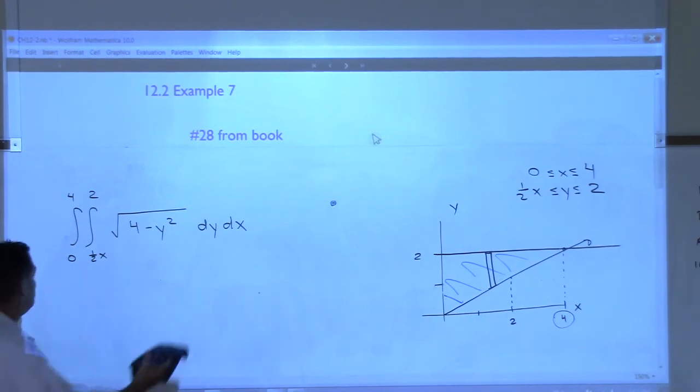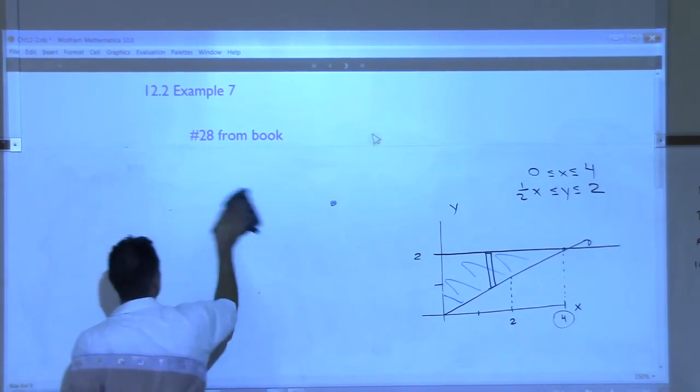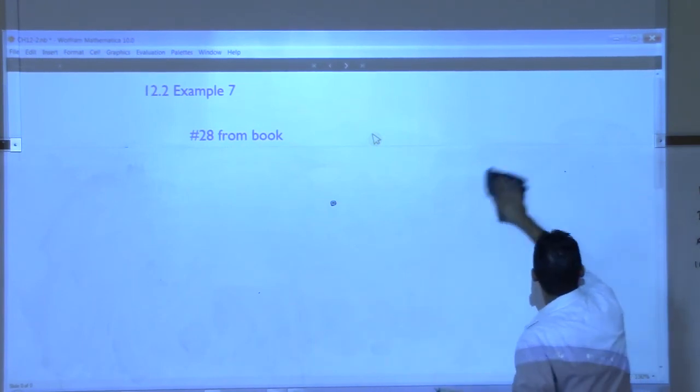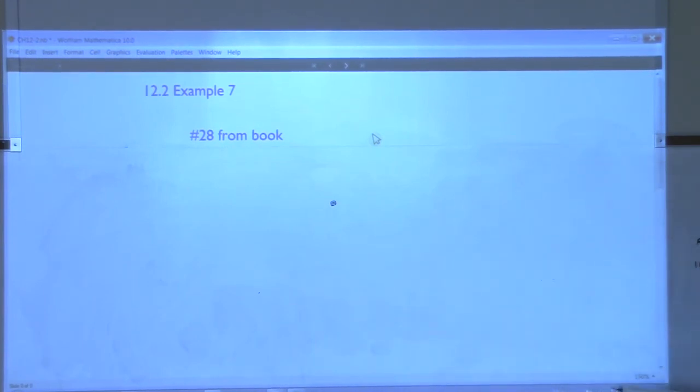All right, so here's the one I'd like for you to do. See if you can set it up. So this is really trying to get used to translating this stuff, right?